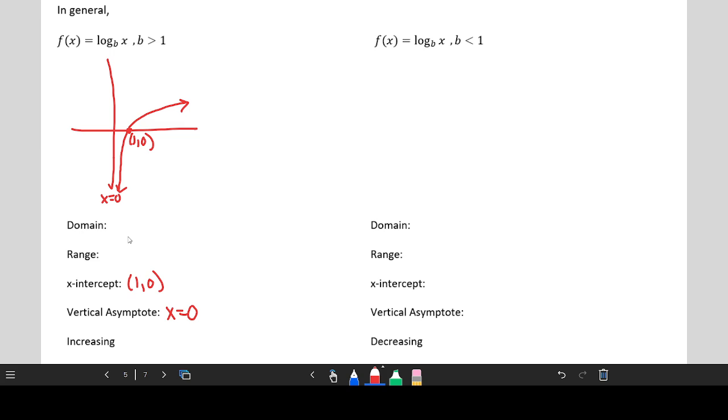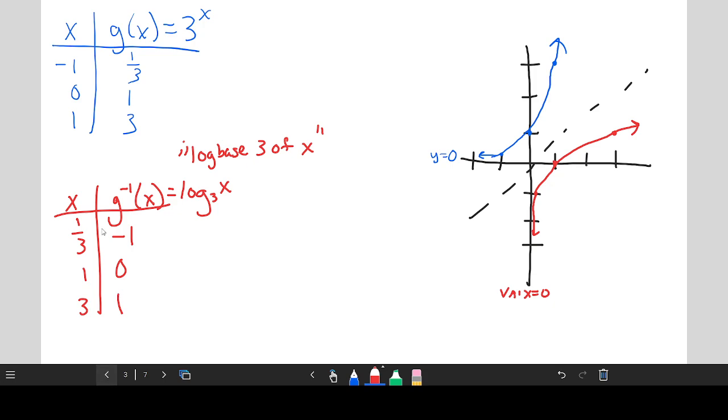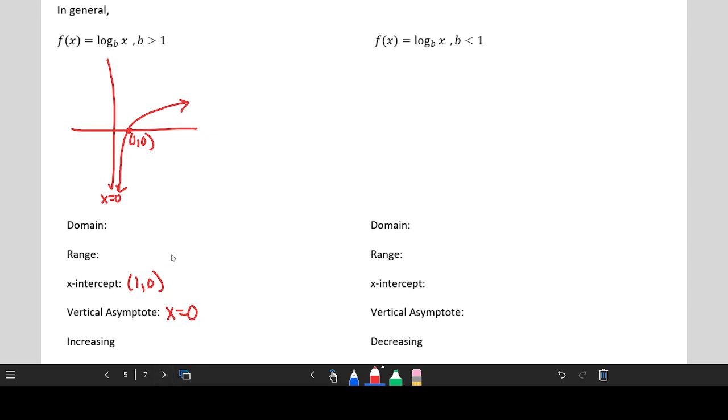Let's talk about the domain and range. We can see from the graph here that the entire graph is to the right of the y-axis, and that was the case because we said we're not going to have any negative or zero x values. All the x values are positive. So since all the x values are positive, the domain is all numbers greater than 0.